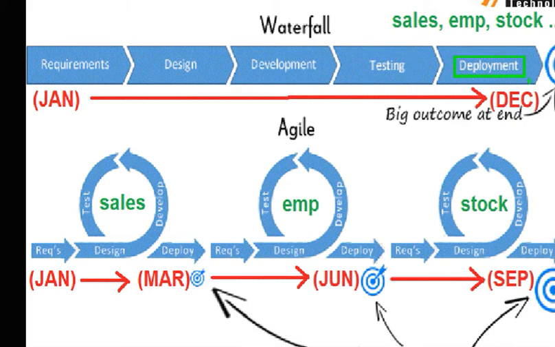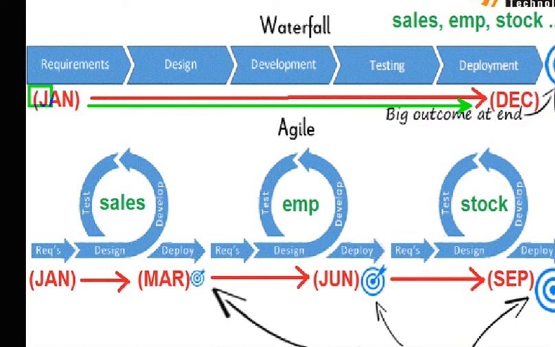So in this case I will try to deliver a complete project at once. In my project I have sales, employee, stock and multiple modules. So in waterfall model I will try to deliver a complete project at once. So this process will take more time.